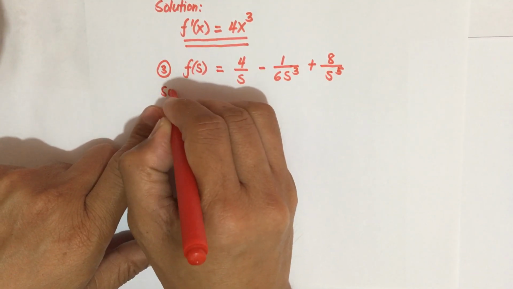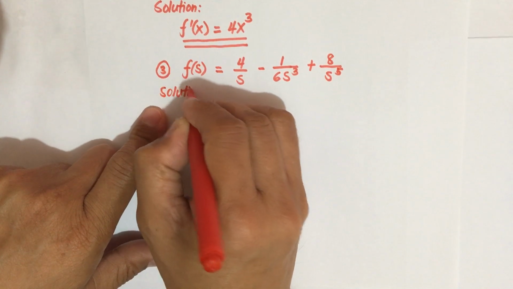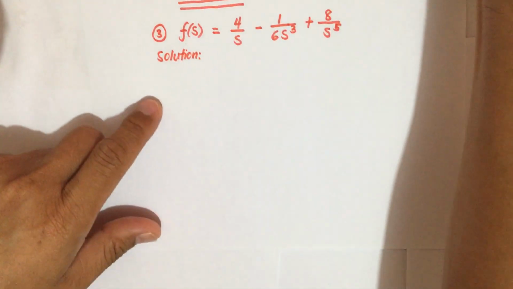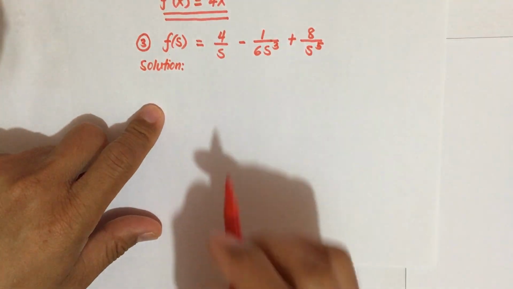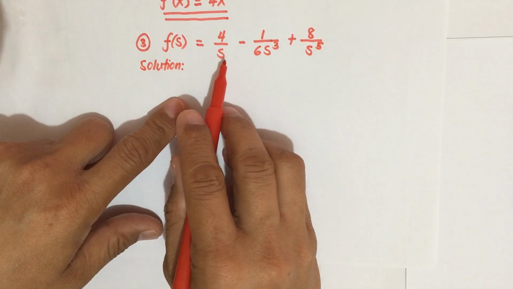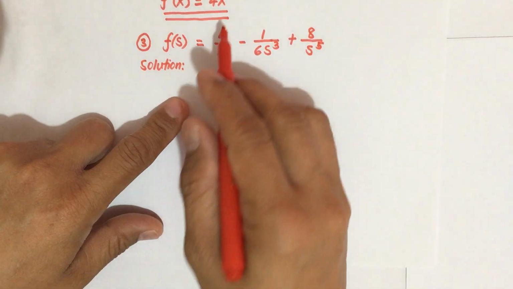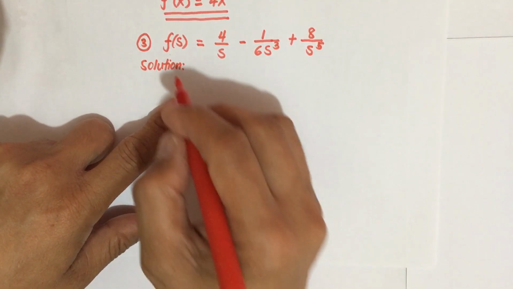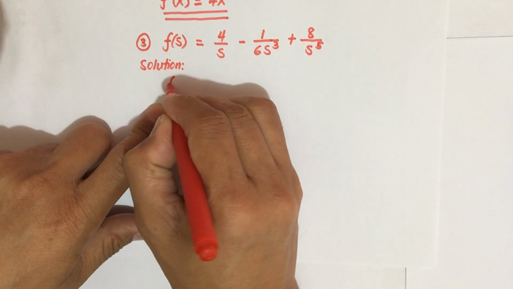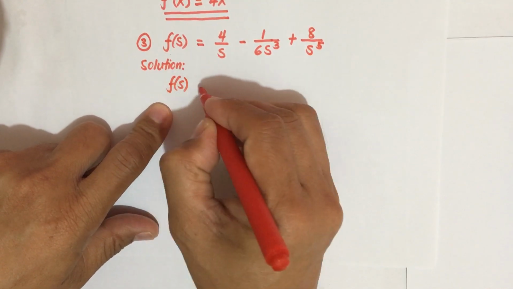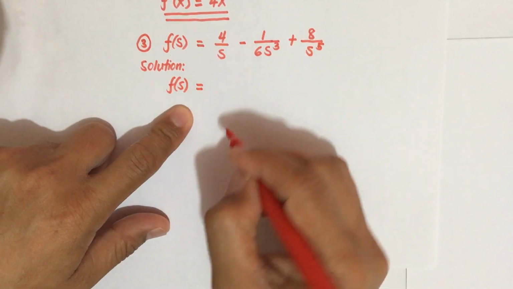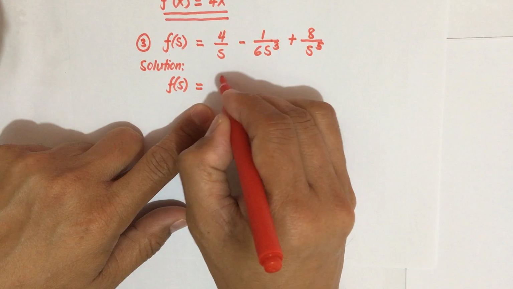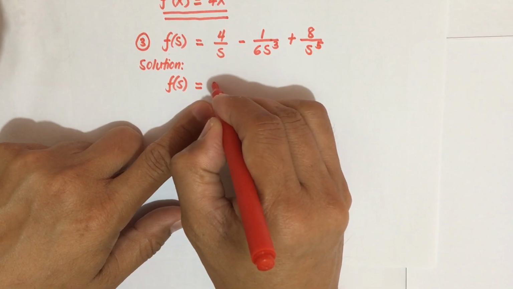What is the first step in solving this problem? The first step is to bring this variable up, so that we can use the power rule. We are not yet differentiating, we're just transforming this function into another form.